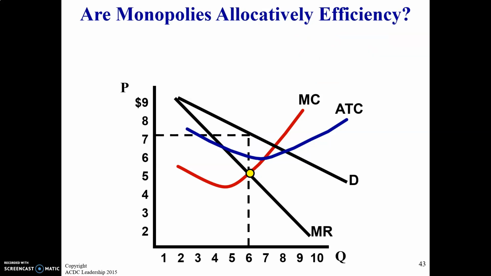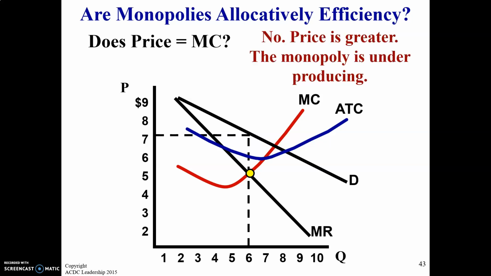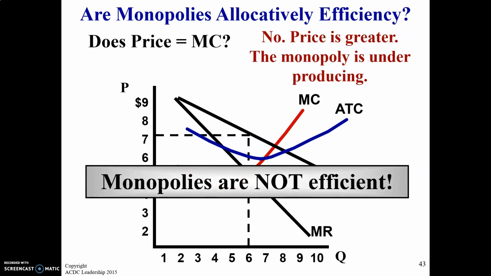Okay, so are they allocatively efficient? No, we just looked at that on the last screen, right? They're going to produce where MR equals MC, where perfect competition may produce over here. All right, so price does not equal the MC. The price is greater, therefore they are underproducing. So, long story short, monopolies are not efficient.